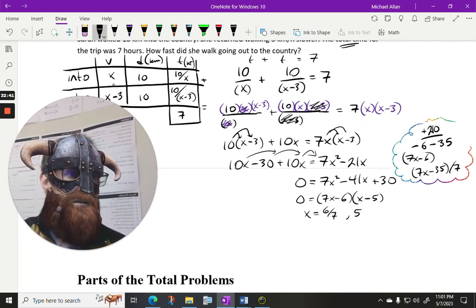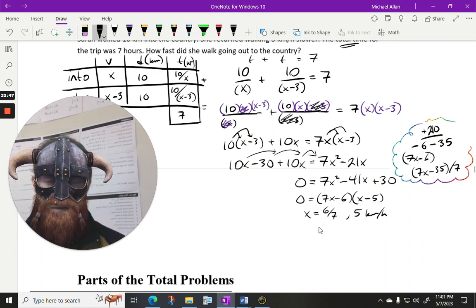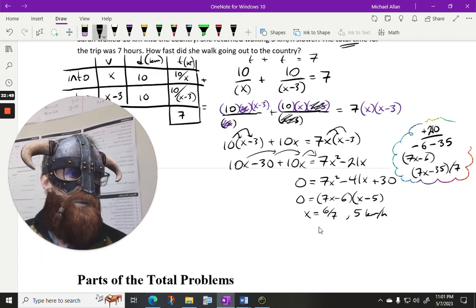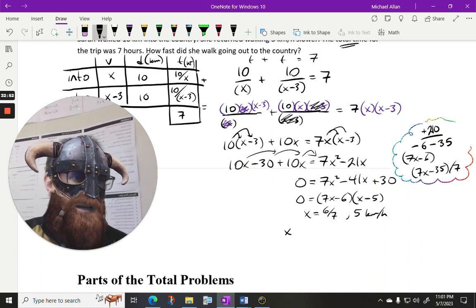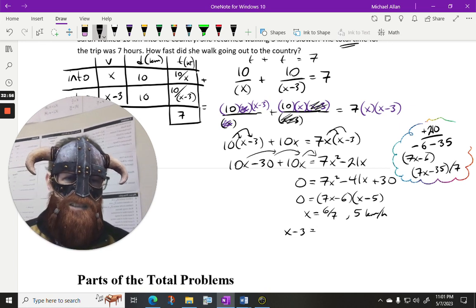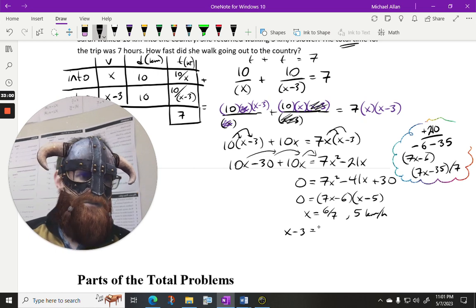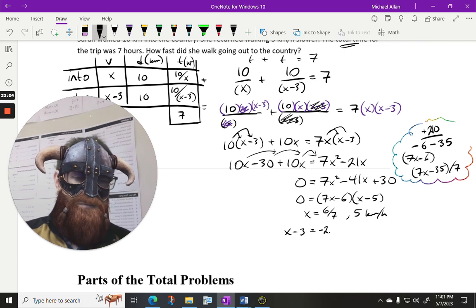So they're both in kilometers per hour, going pretty slow, like 6 over 7 is going pretty slow. But when I say the return, if I say x minus 3, what's 6 over 7 minus 3? Well, it's a negative number. It's going to be negative 2 point something.